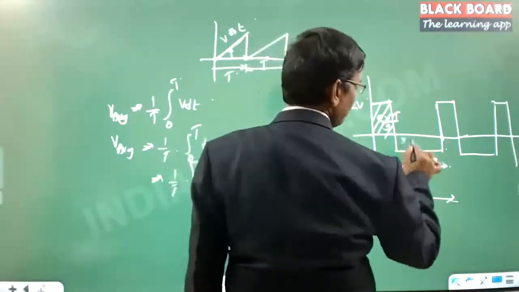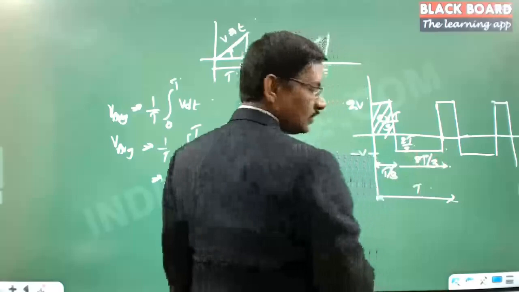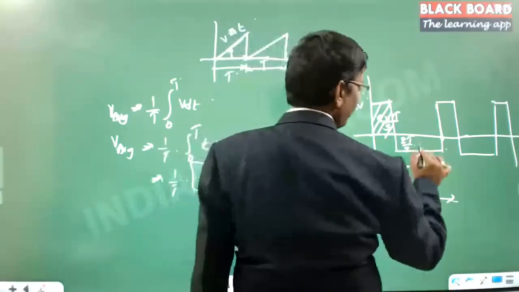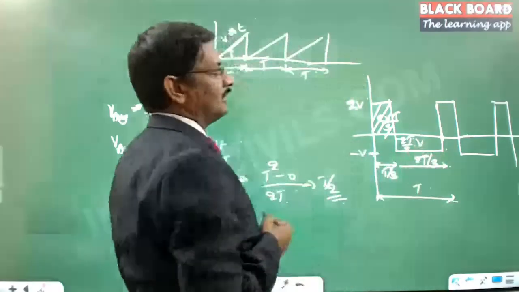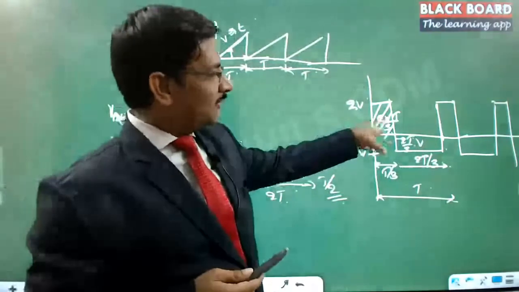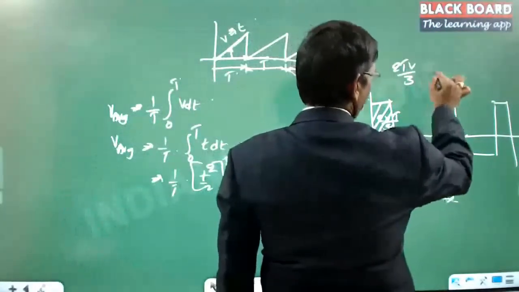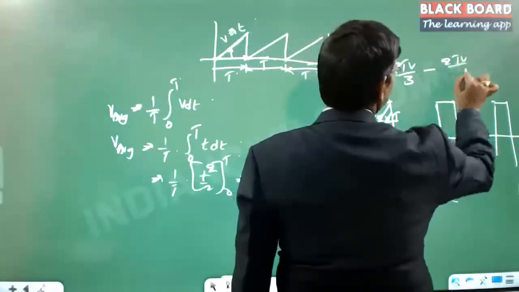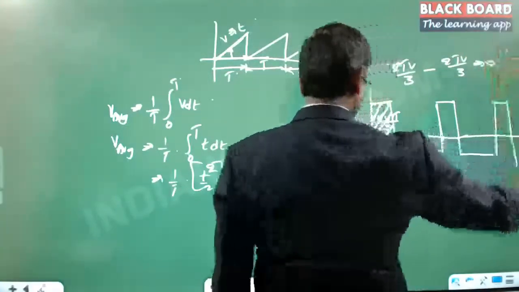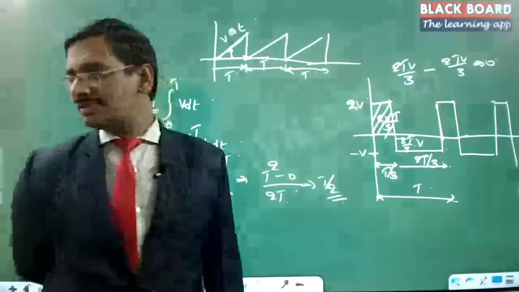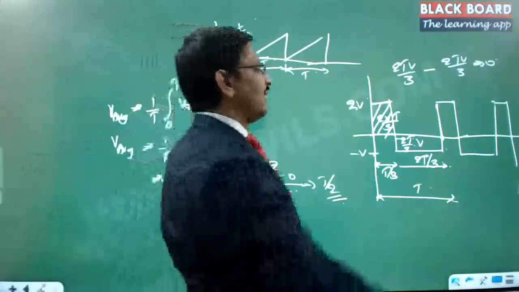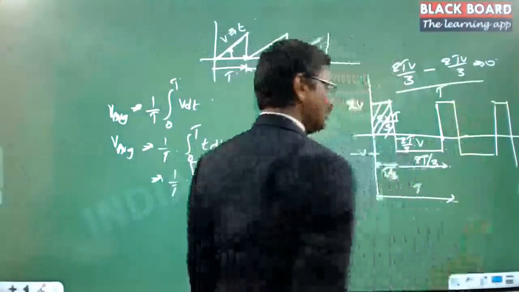And this area is 2T by 3 into minus V, which is minus 2TV by 3. So 2TV by 3 minus 2TV by 3 is equal to 0. Got it or not? Hence the average value, if you calculate it, will come out to be 0.